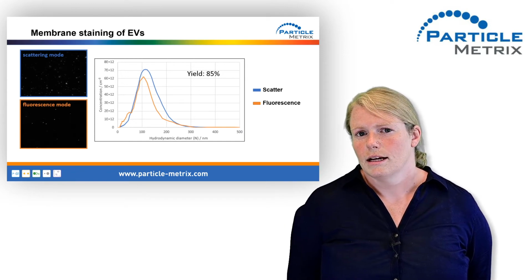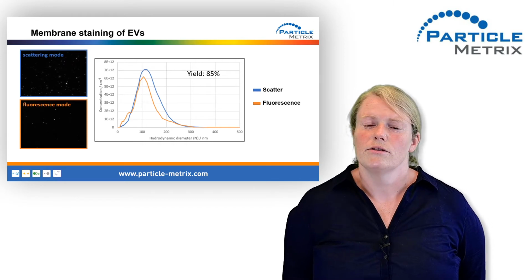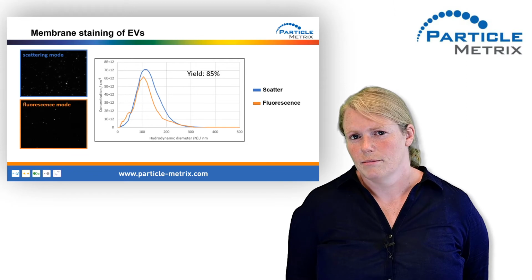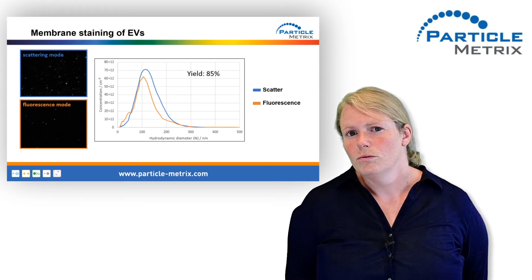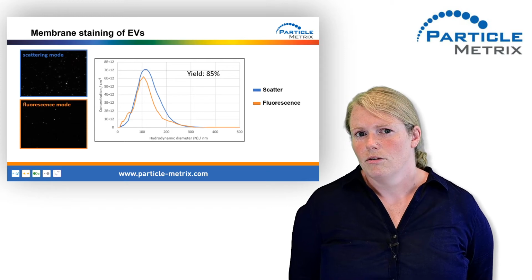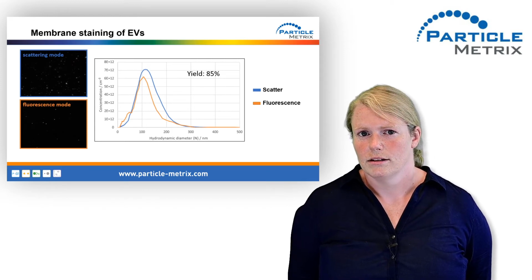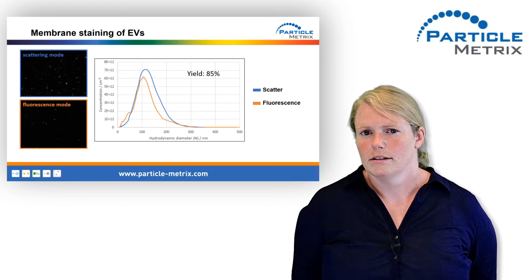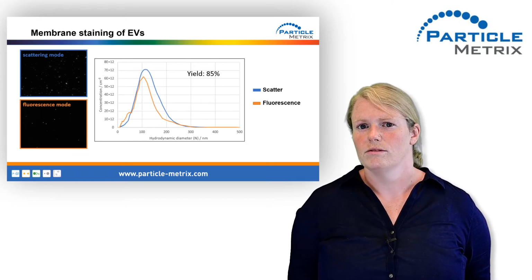Here I show you an example of lyophilized exosome standards from HCT 116 cells, which have been stained with CellMask Orange. In blue, the size distribution of the scatter channel is depicted, and in orange, the result of the fluorescent channel. As you can see, we find 85% of all particles from the scatter mode in the fluorescent mode as well.